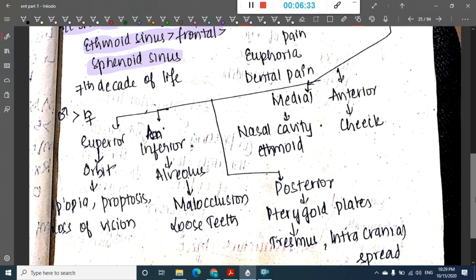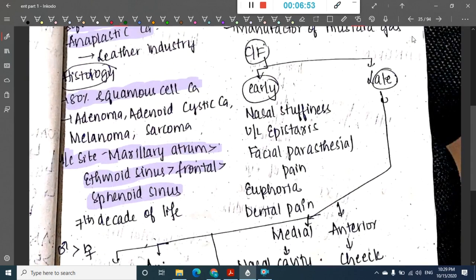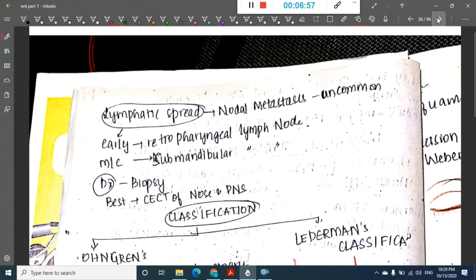If it spreads superiorly, it will involve the orbit, and thus causes diplopia, proptosis and loss of vision. If it spreads posteriorly, it can spread to the pterygoid plates and cause trismus and intracranial spread. So these are the features which occur due to the spread of the tumor.